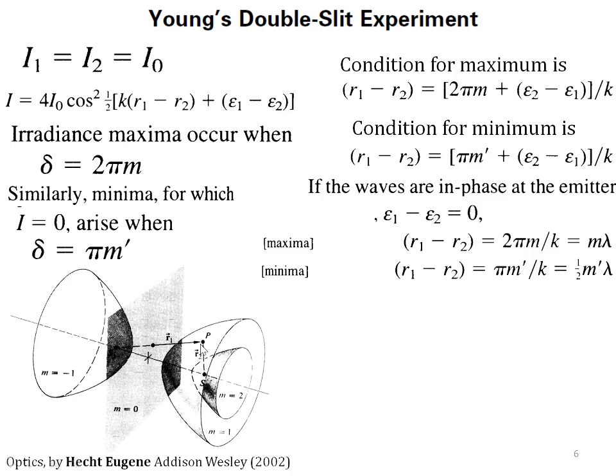I hope you are able to visualize this. If I take any point on the surface of this paraboloid, you would see this is R1 and this is R2. Their difference will follow this equation. Why? Because the difference or sum of two vectors depends upon their magnitudes and the angle between them, correct?